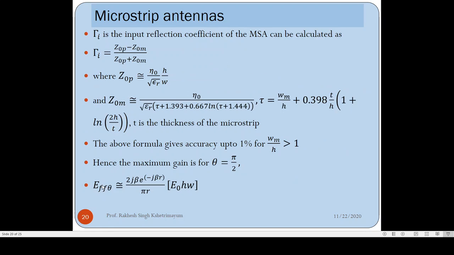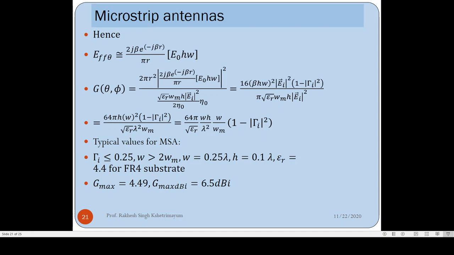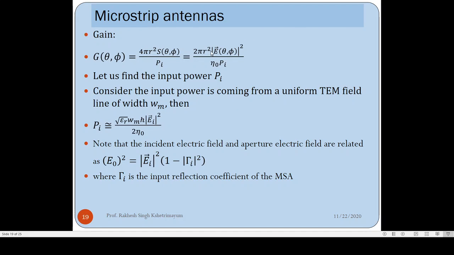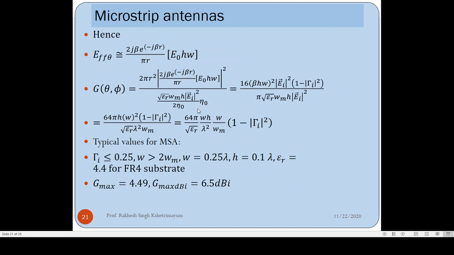So we have the E max also. We can find out gain now. Gain is this relation here. You have 2 pi r square E max square divided by eta naught times P. P is this. E max we have just found out. We plug in those values, then we can find out the gain of the microstrip antenna.